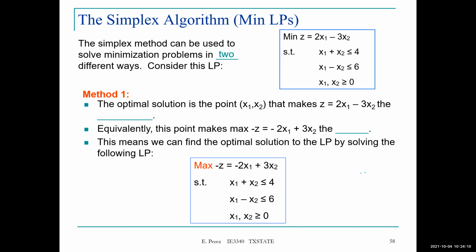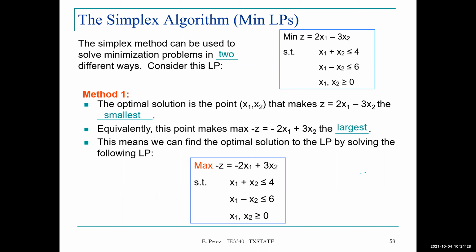Consider this linear programming model. Method 1, the optimal solution is the point x1, x2 that makes z equals 2x1 minus 3x2 the smallest. Equivalently, this point makes maximization of minus z equals minus 2x1 plus 3x2 the largest.